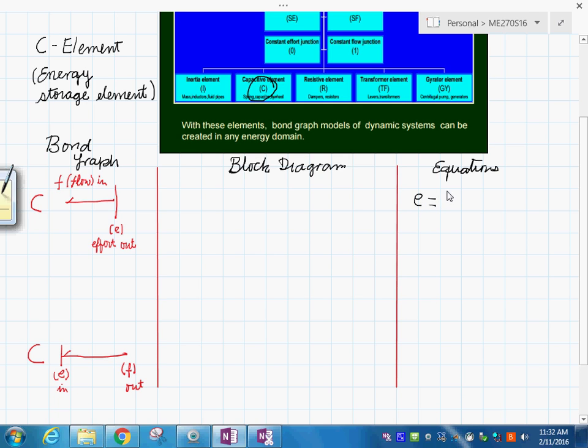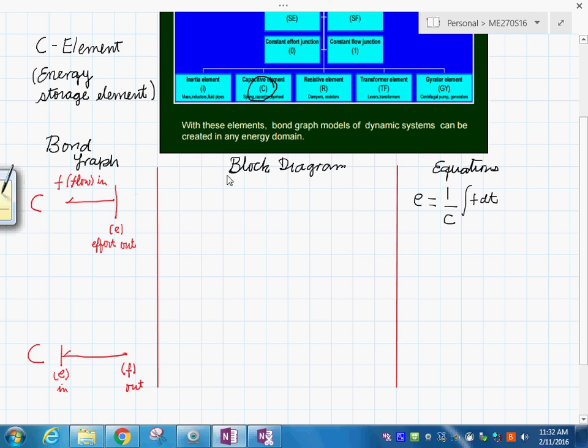This is what this means. It means that the output effort is 1 over C, the integral of f dt. Or you can write this also as 1 over C times q. Okay.